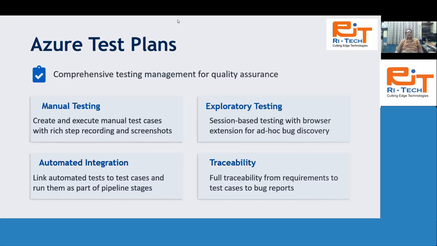Manual testing: create and execute manual test cases with rich step recording and screenshots. So it provides you manual testing also, with recording of your steps and the screenshots of them. We can create manual test cases with that.